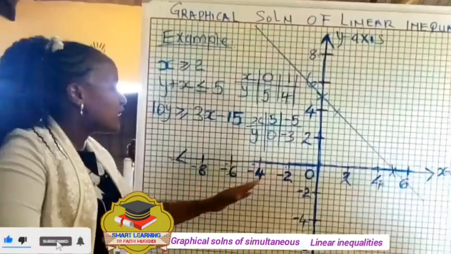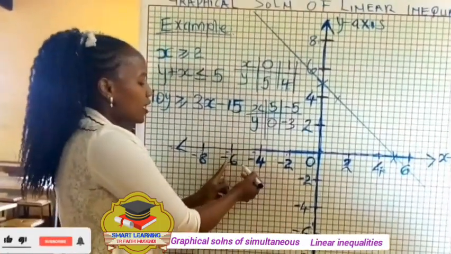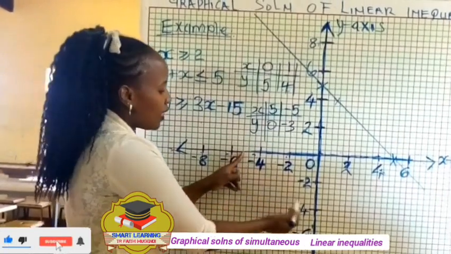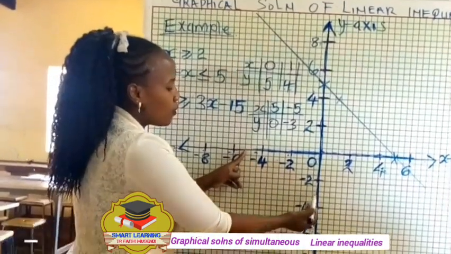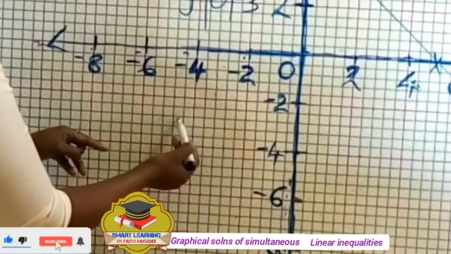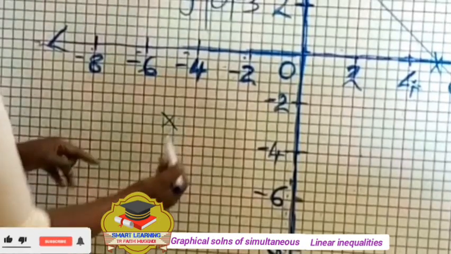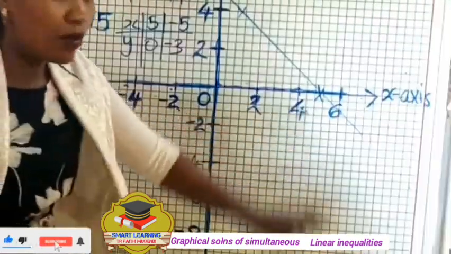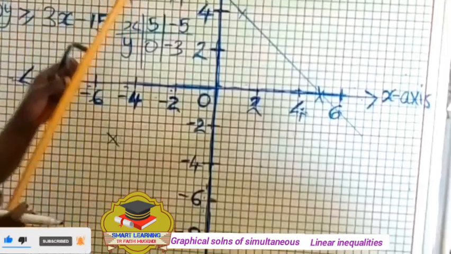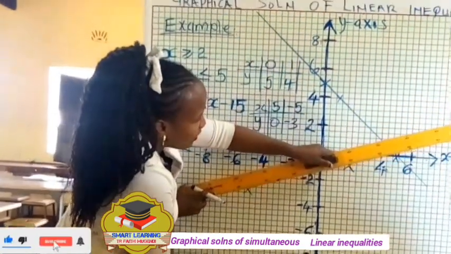Then negative 5, negative 3 is on this other side, in between negative 4 and negative 6, and in between negative 2 and negative 4, where they intersect is our point. Am I right to put it here? There. Okay? So we have this point and the other point. Again, using our ruler, join the 2 points, and remember to extend.